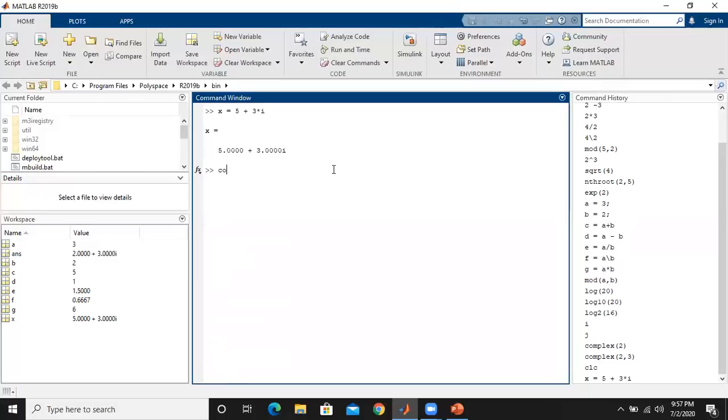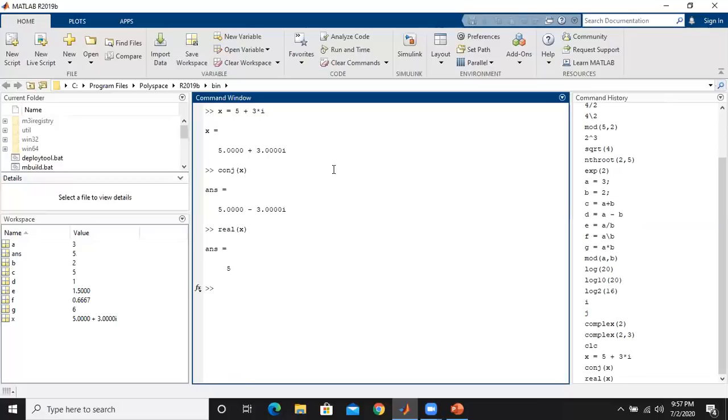What I have to do is type conj, C-O-N-J, of that particular variable x, so that I can get 5 minus 3i. Now I can also find out the real part of this complex number. So real of x, I can get 5. Then the imaginary part also I can access. So imag of x, so that I will get the imaginary part as 3 there.